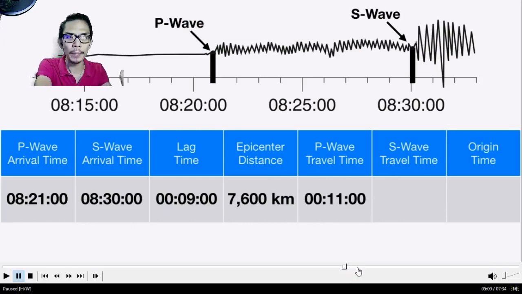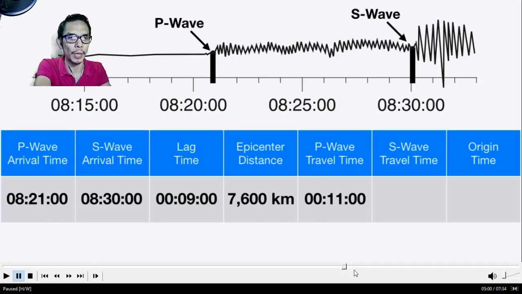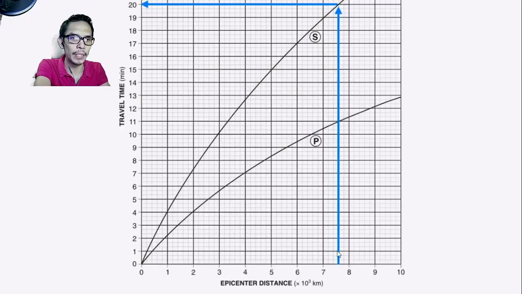To find the S-wave travel time, what you did on the P-wave is the same thing as on the S-wave. First, you will draw a vertical line coming from the 7,600 kilometer mark. Then it goes up to the point where the S-wave line is located.